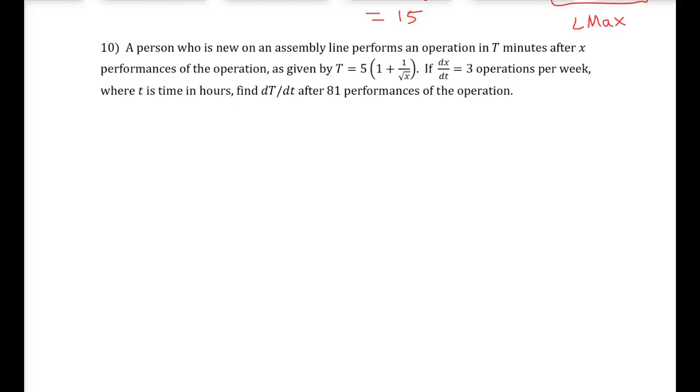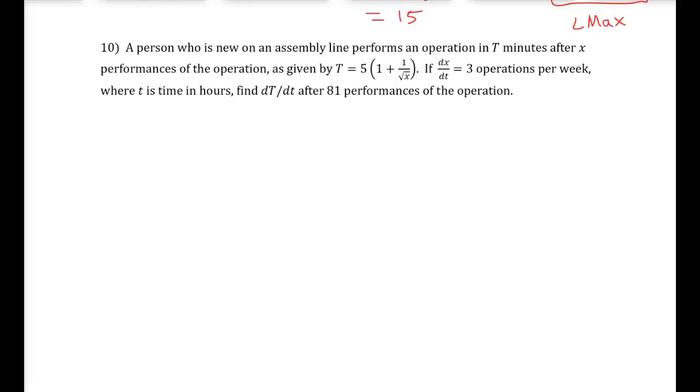Or to put that another way, we want to find the rate of decrease of how many minutes it takes for them to do a particular operation after doing 81 performances of that same operation.